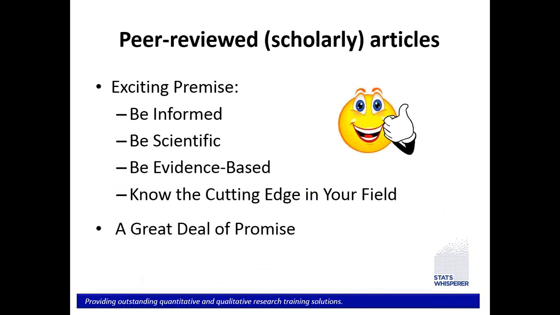So if we have a decision to make in our practice, in care, any type of decision at all, we can make an evidence-based decision because we have peer-reviewed articles available to us. And again, you'll know the cutting-edge information in your field, so you can become an expert, because all the information you need to become an expert is available to you through the peer-reviewed articles. So you can see these peer-reviewed articles show a great deal of promise in many different areas.